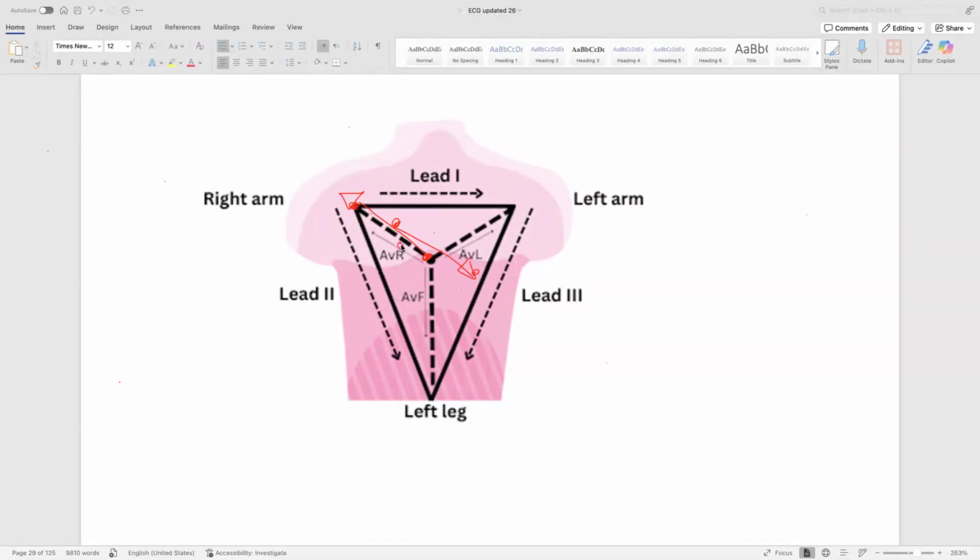Okay, V1 here. The electrode is put here on the right side, right to the sternum, and the ground here. So this is the V1 reading, and this is the electricity. So V1 will be all negative.